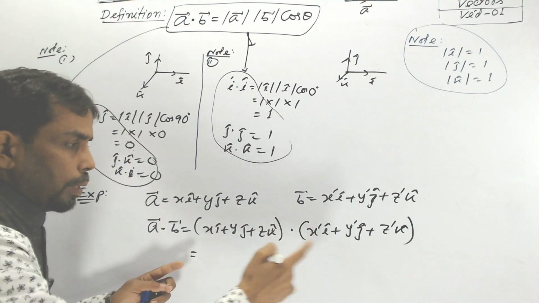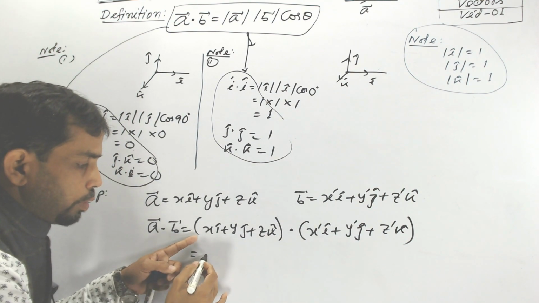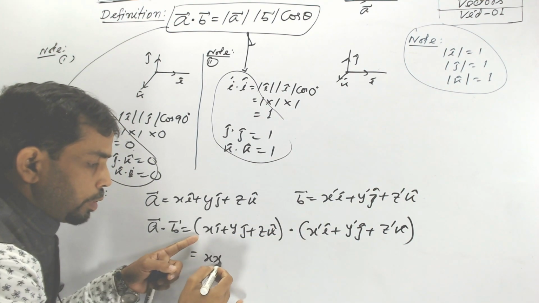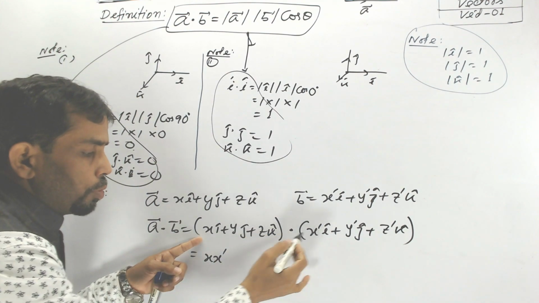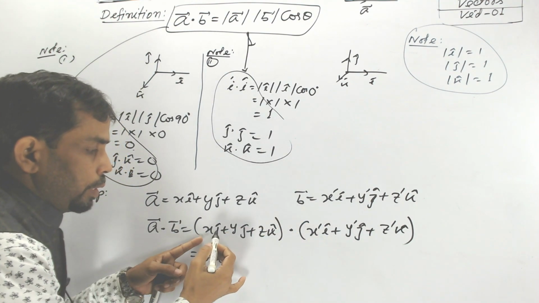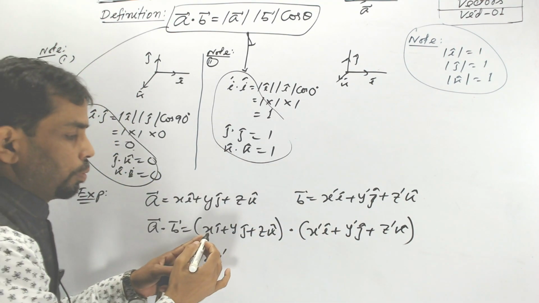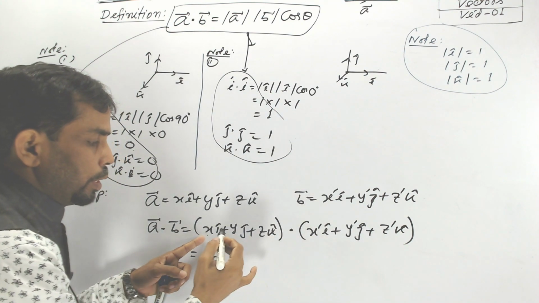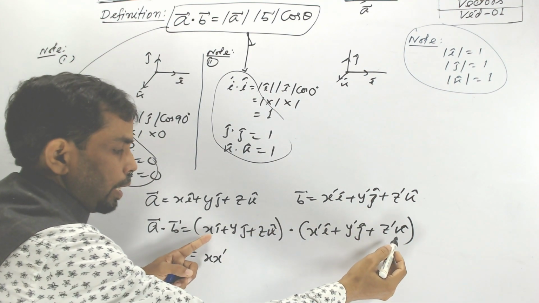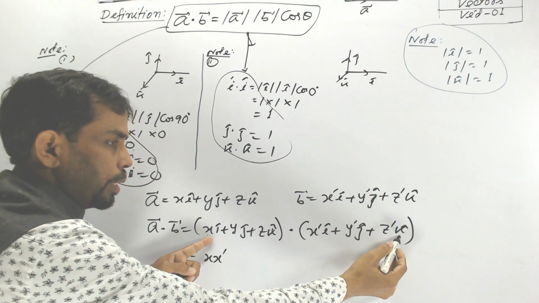Now we'll multiply, but in between there is dot. First it will be x into x dash, and I dot I value is 1. Now if I multiply first with second, I get I dot j, and we have discussed I dot j value is 0. First with third, I dot k also is 0.